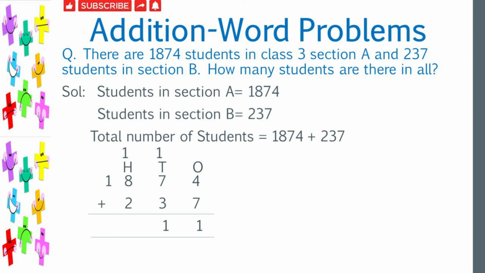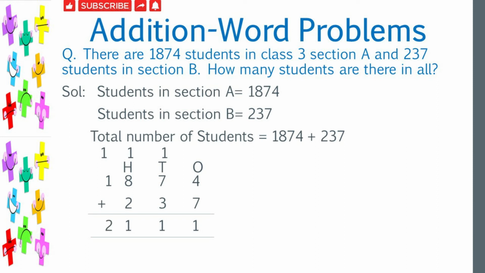Now we will add the digits at hundreds place, that is 8 plus 2 plus 1, which gives us 11. So we will put 1 at hundreds place and other one at carry, which goes to thousands place. Now we will add the digits at thousands place, that is 1 plus 1, which gives us 2.